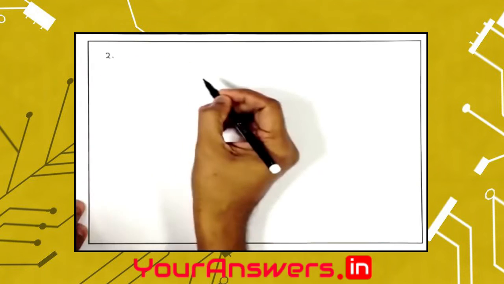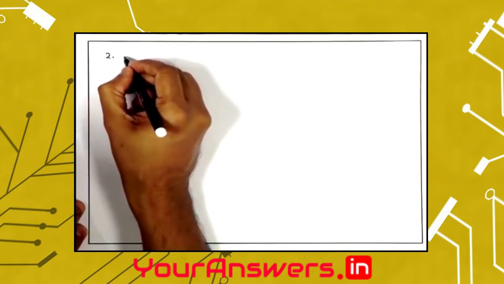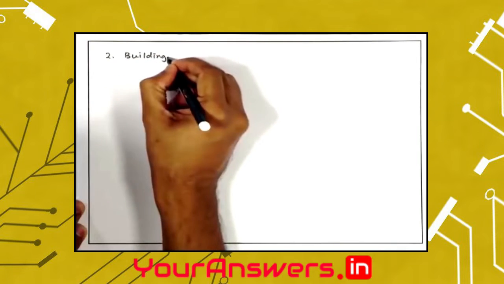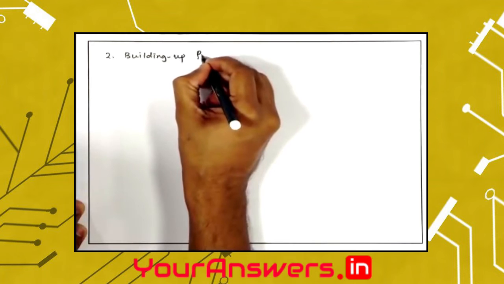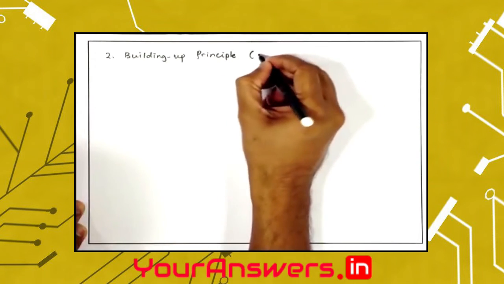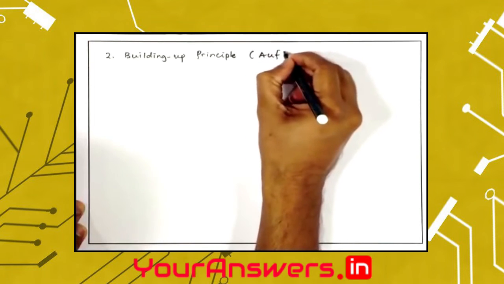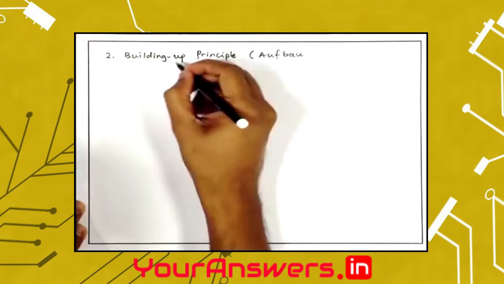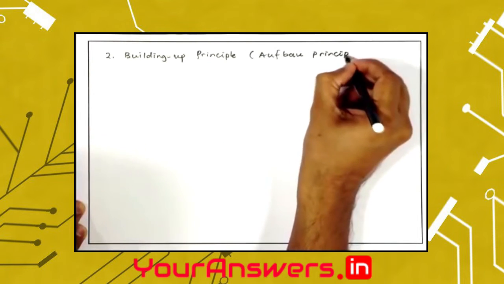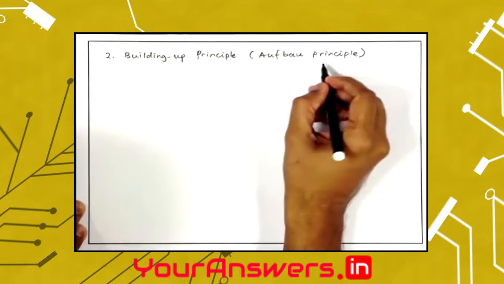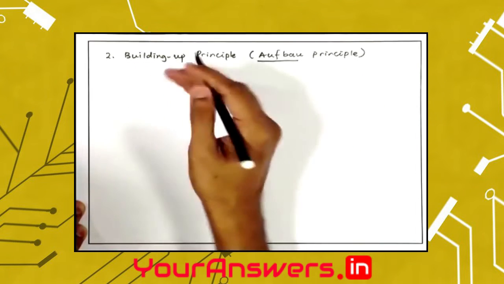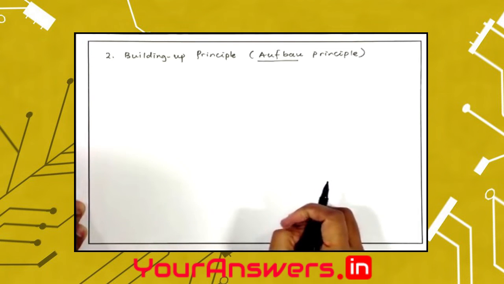The next principle that we are going to discuss is called the building up principle. This also goes by a German word, Aufbau, which means building up or construction. The Aufbau principle essentially says that this is the rule that will be used to construct or build up the electronic arrangement.